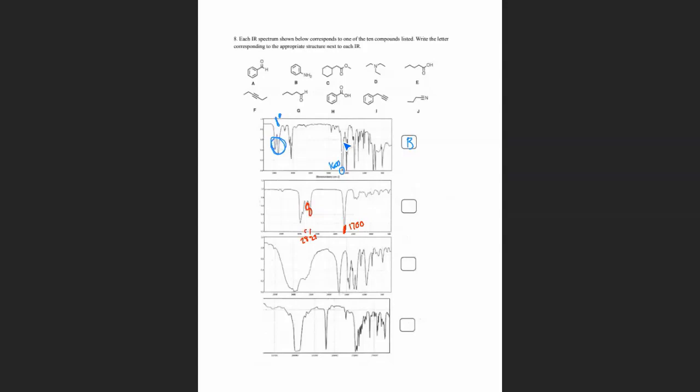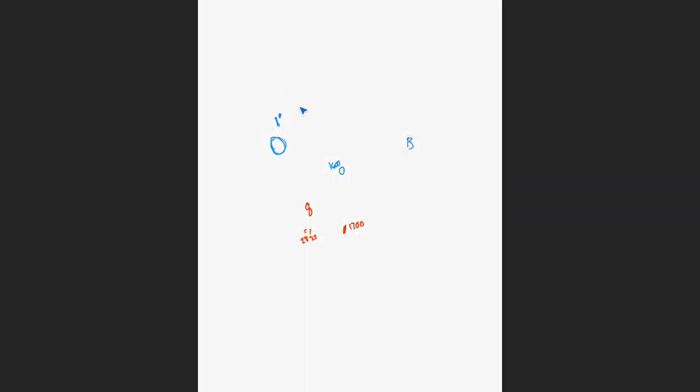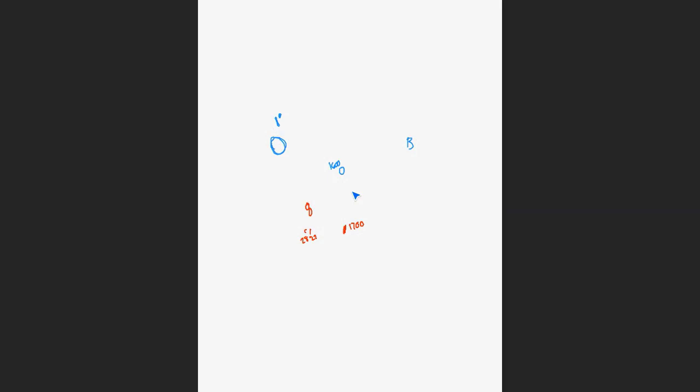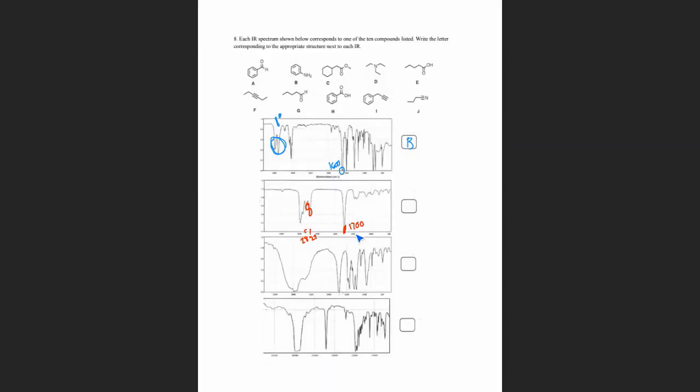So going back up to our options and looking for an aldehyde, we do see an aldehyde at A and an aldehyde at G. Now, the only difference here is that we have a benzene ring, and here we do not see a peak at 1600, right? And so this would be G.